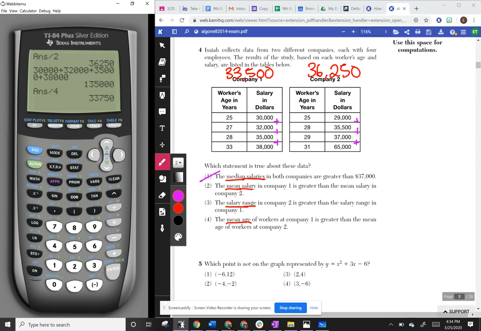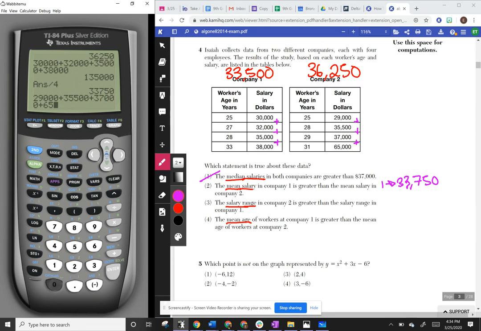So we get the mean of company 1 is 33,750. Now let's do company 2. 29,000 plus 35,500 plus 37,000 plus 65,000 divided by 4.